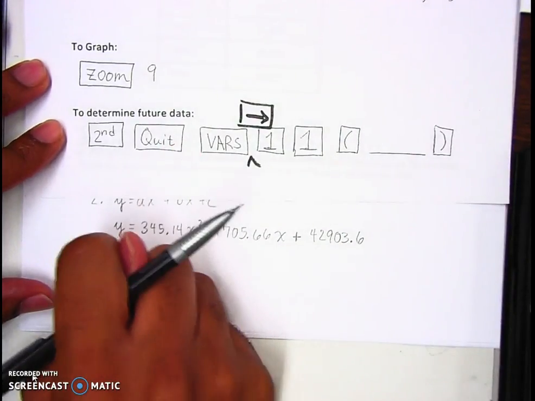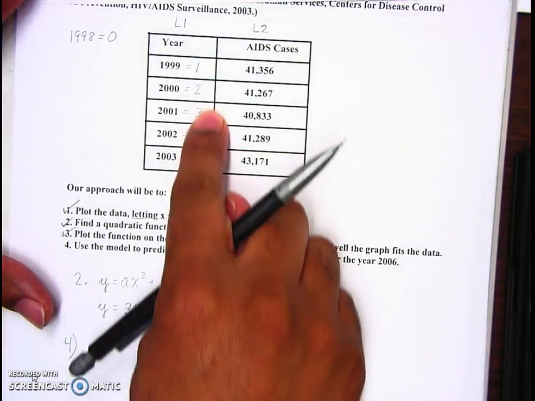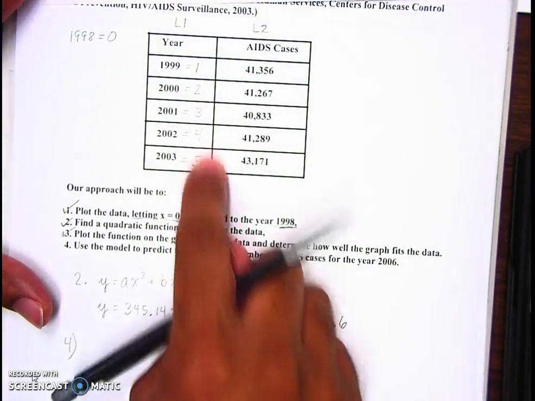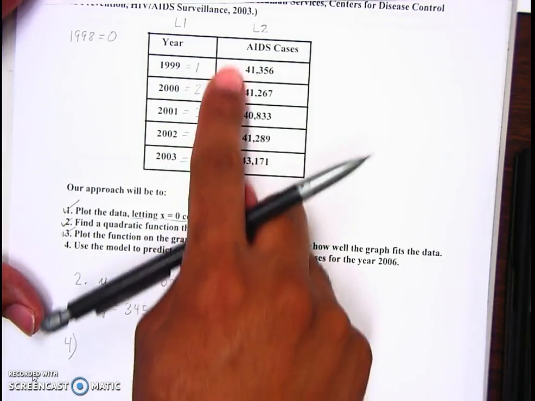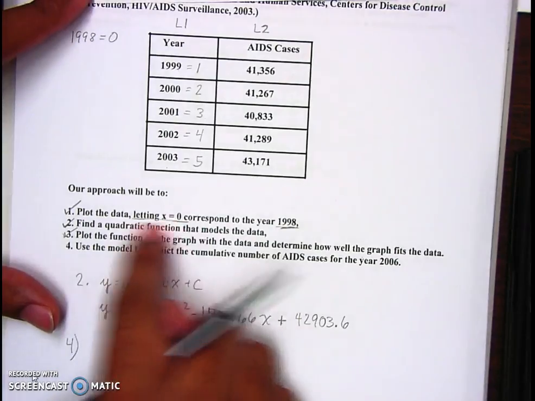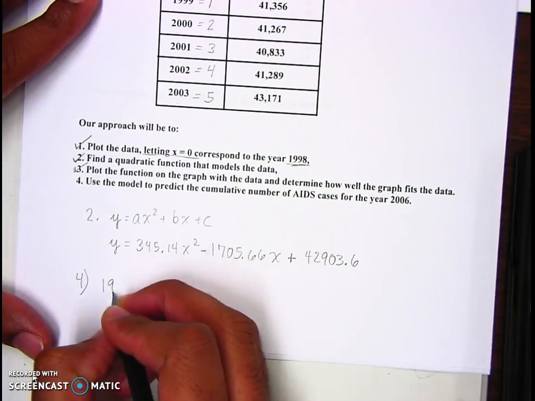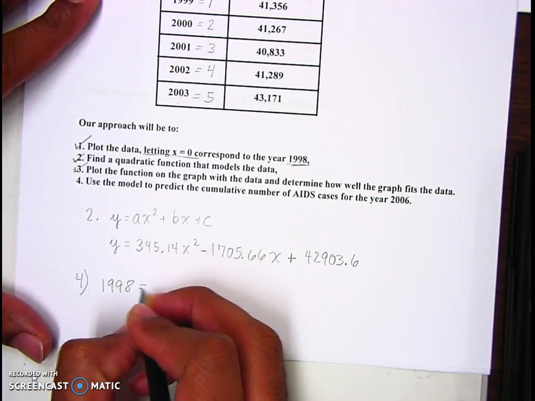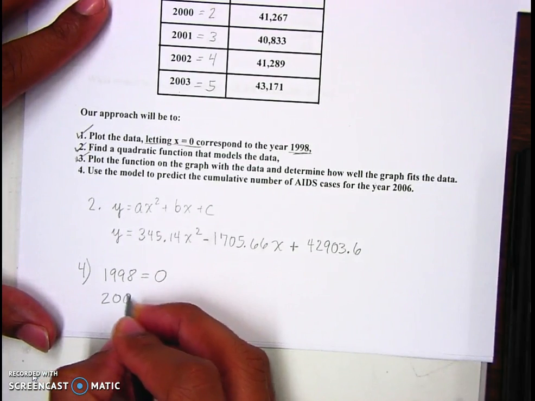But before we do this, we have to remember that the answers we put in for this part were not 2000 and 2001 or 1999 or anything of that sort. They were 1, 2, 3, 4, 5, and so on, because of what they said right here. So what we have to figure out is, if 1998 is 0, 2006 would be what number?